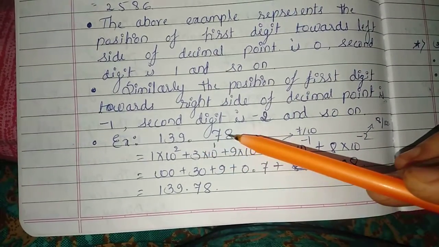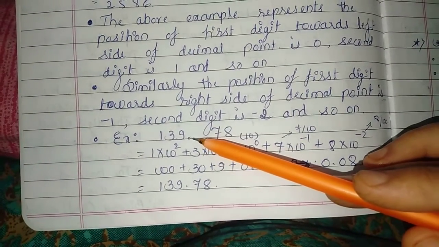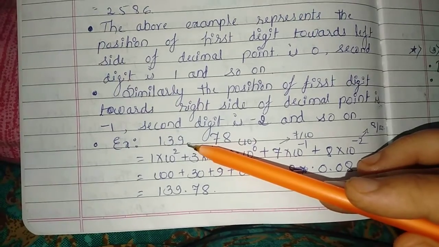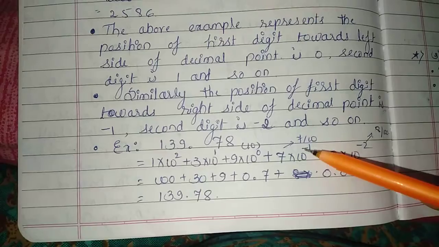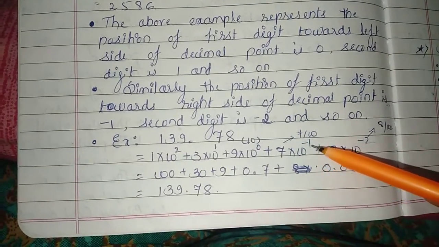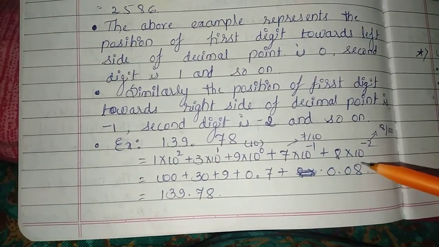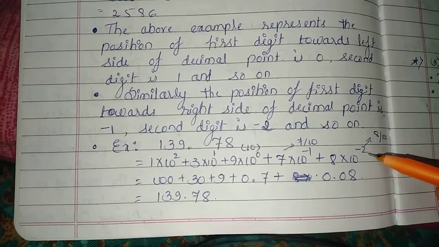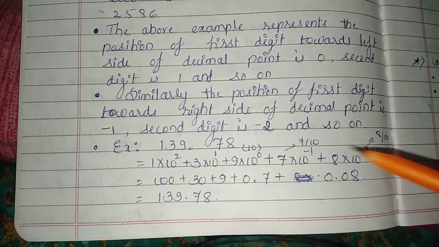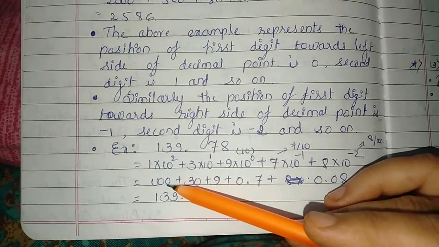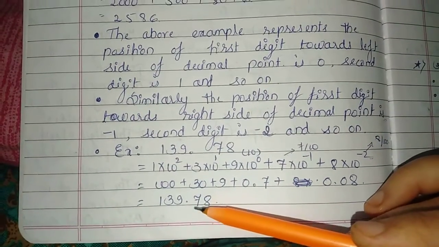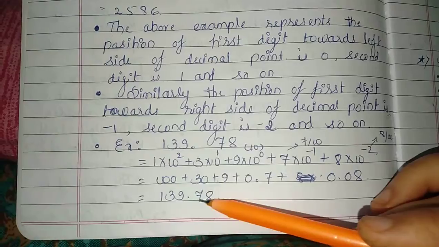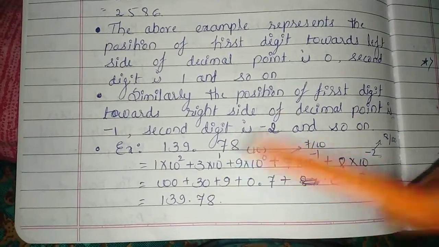And for the numbers to the right side of the decimal point, we can write 7 into 10 raised to -1, 8 into 10 raised to -2. If we do the calculation, the number comes out like this. This is just the expansion of the number system.